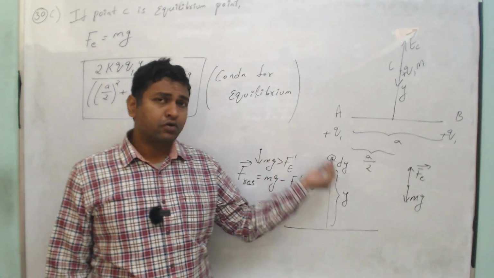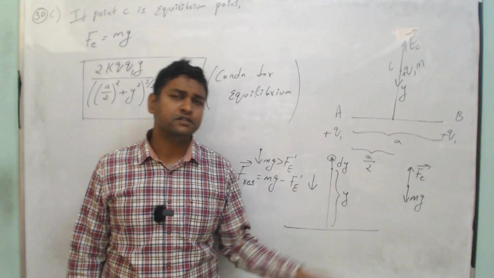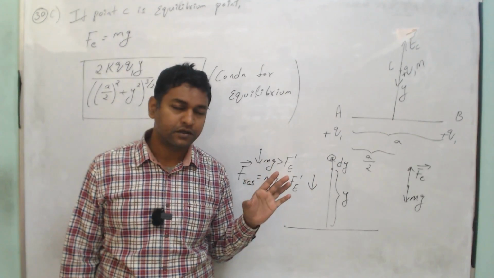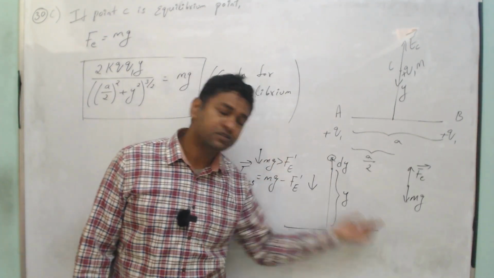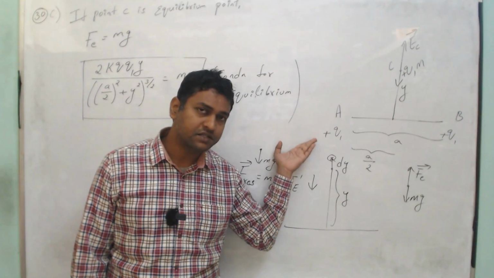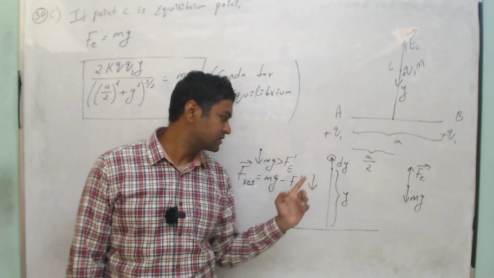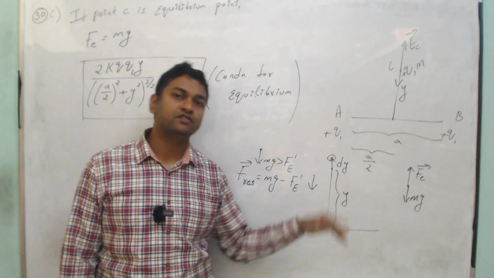So now you already got used to the fact that to study force, we study the electric field and multiply, you get the force, right? So as we go farther from these two charges, you already figured out that the electric field strength will decrease. Therefore, the electrostatic force acting on it will also decrease. Therefore, Fe dash is less than the gravitational force over there.